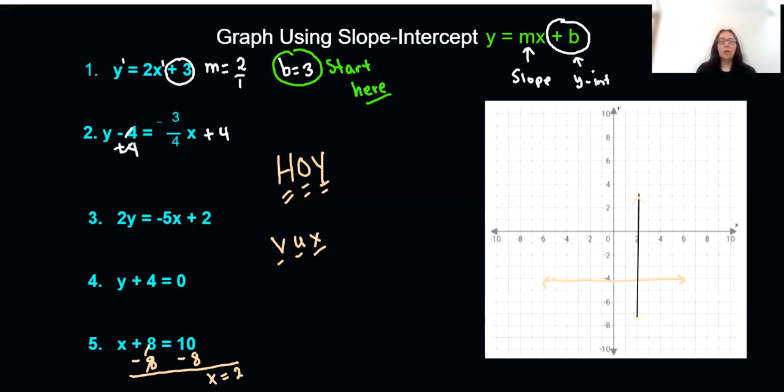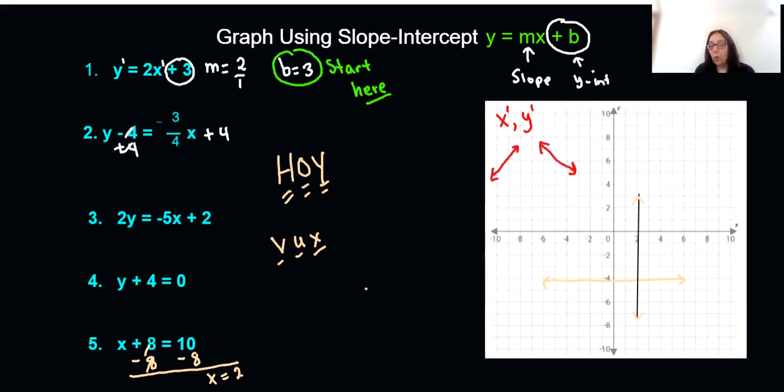So what did we learn in this section? Just a few points I want to go over. If your equation has an x and a y in it, remember, we're talking about exponents of 1 here because these are linear equations, the line will be slanted. It'll either go up or it'll go down.